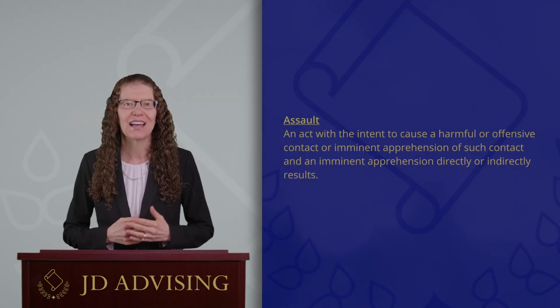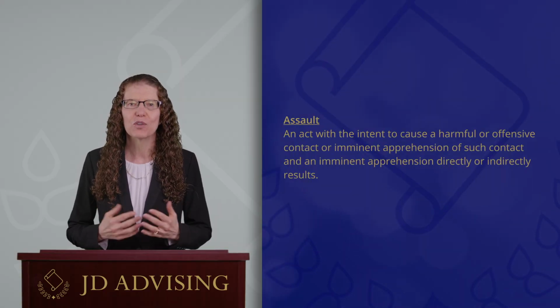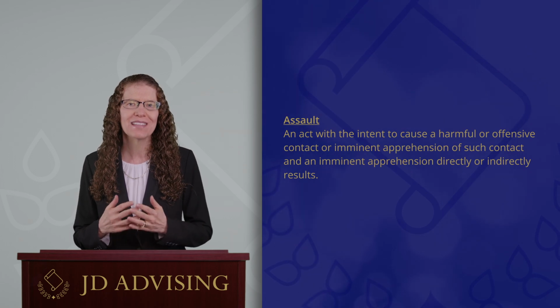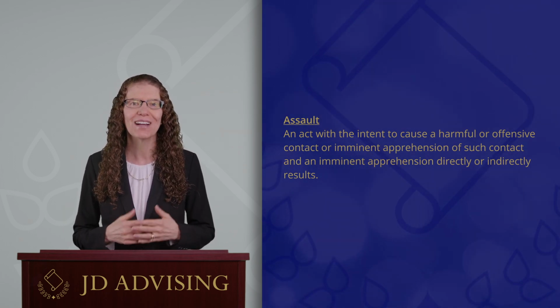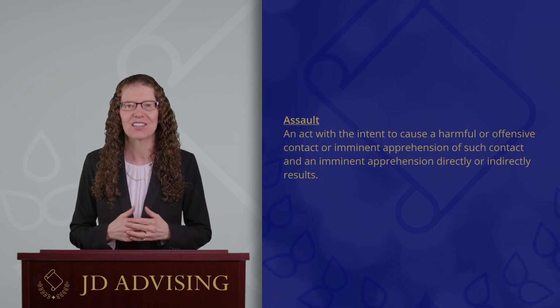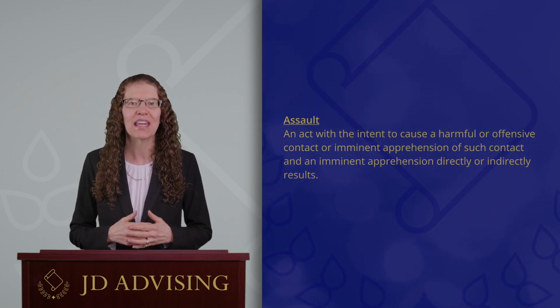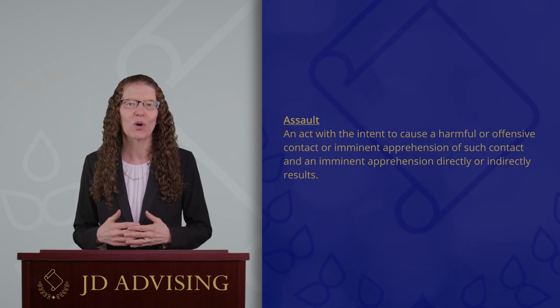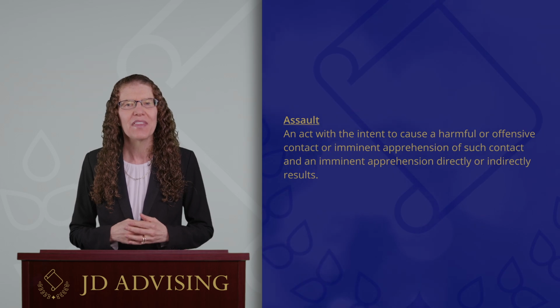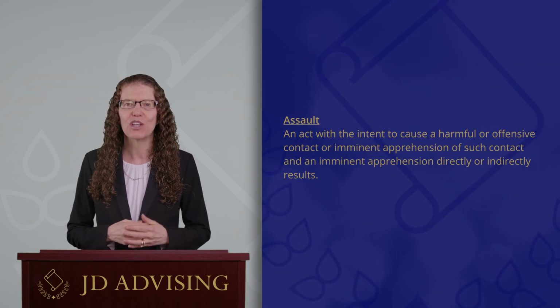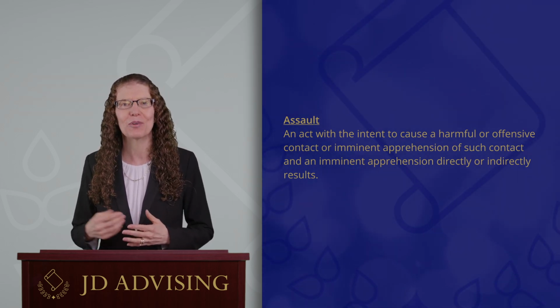Using assault as an example, an assault requires an act with intent to cause a harmful or offensive contact or an imminent apprehension of such contact, and an imminent apprehension directly or indirectly results. Read those elements, then cover them up and see how many you can write or recite from memory.